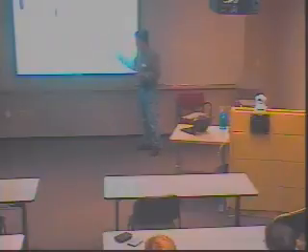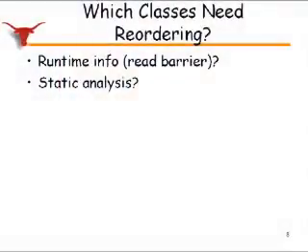Or we can use a class-based or even instance-based object reordering, traversing by different types of class or by different instances of the class. We can use static profiling to collect the information, or we can use dynamic sampling. And for our algorithm, we use an online algorithm, so we need to do dynamic sampling.